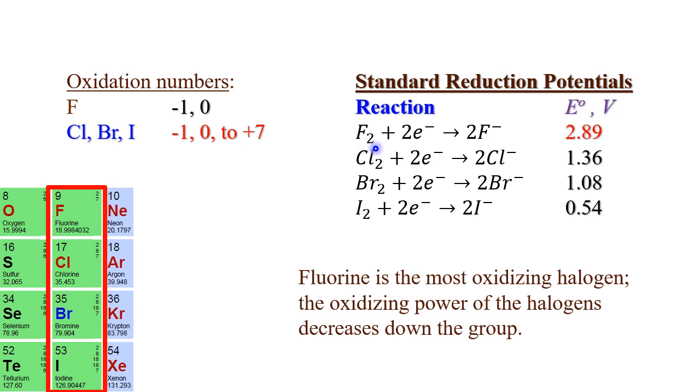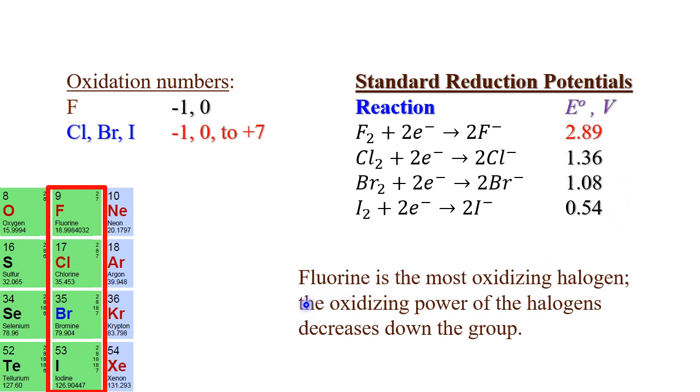Elemental fluorine is very strong oxidizer with redox potential 2.89, one of the largest known. Chlorine gas is also strong oxidizer. Bromine and iodine are oxidizing agents but much weaker.